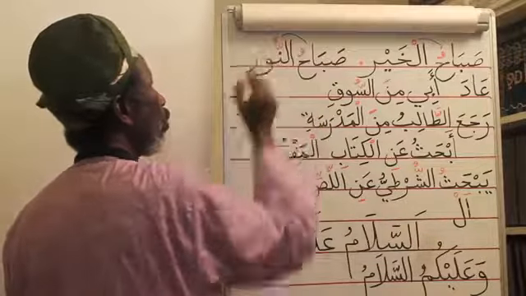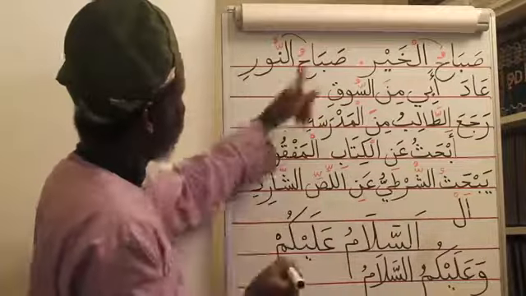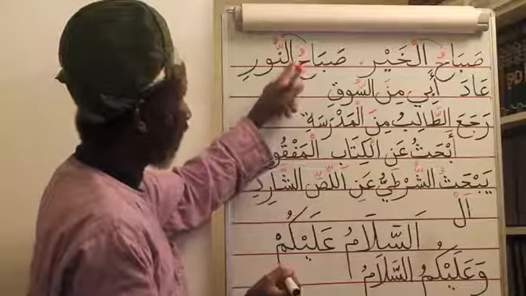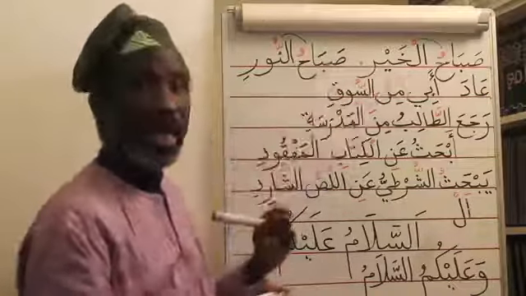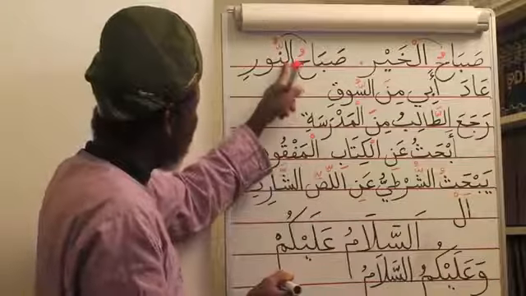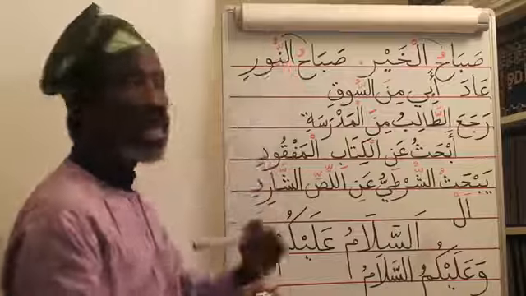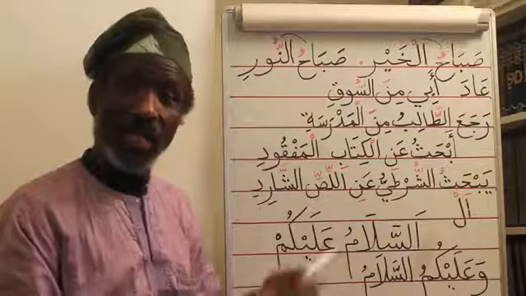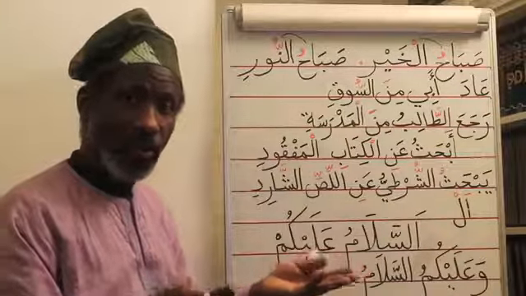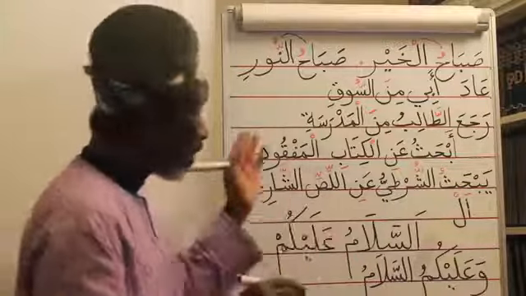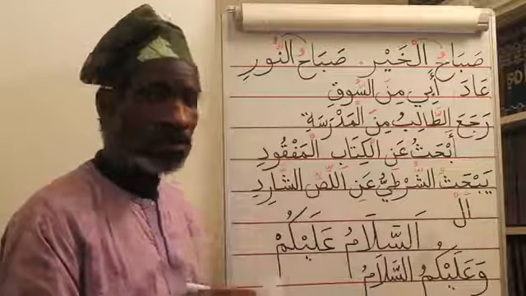Sabahun nur. Here you have hu. Alif is silent for the same reason, because it's not at the beginning. Lam is silent here because noon is your sun letter, carrying shadda. Therefore, the sukun on the lam of al has been removed.